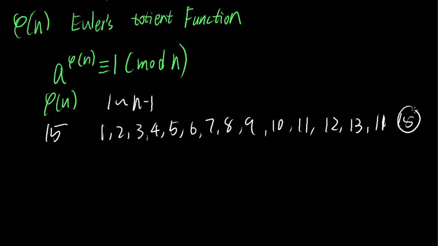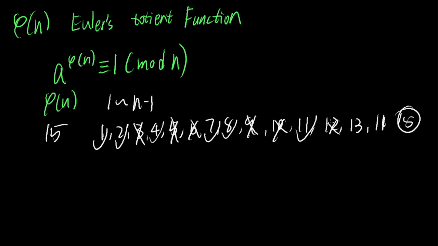And for 15, 1 is co-prime with 15, 2 is, 3 is not, 4 is, 5 is not, 6 is not, 7 is, 8 is, 9 is not, since it's not co-prime with 3, 10 is not, 11 is, 12 isn't because it's not co-prime with 3, 13 is, 14 is. That's 1, 2, 3, 4, 5, 6, 7. So phi of 15 is equal to 7.